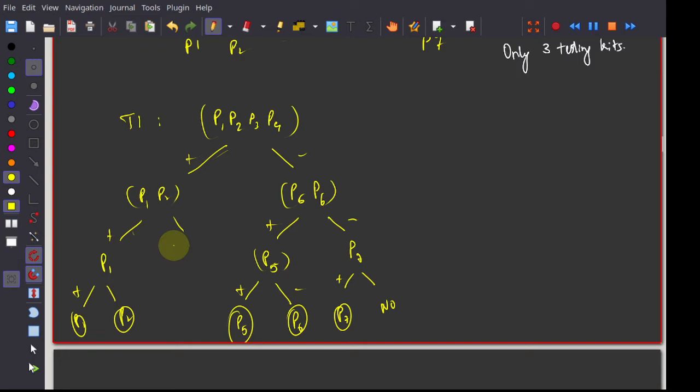Basically, the next test that you do depends on the result of the previous test. Depending on whether the first test gave you a positive or a negative result, you decided to test P1, P2 or P5, P6. Now let's take the RT-PCR kind of a setup where it takes time to get back the test result, and I don't have the liberty of waiting for the test to decide whom to test next.